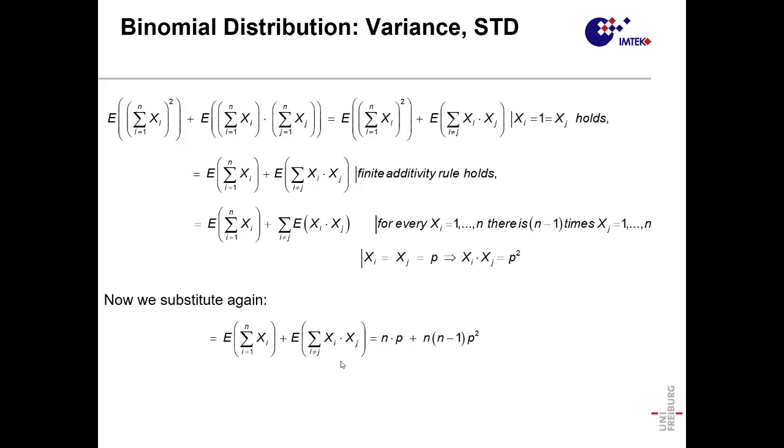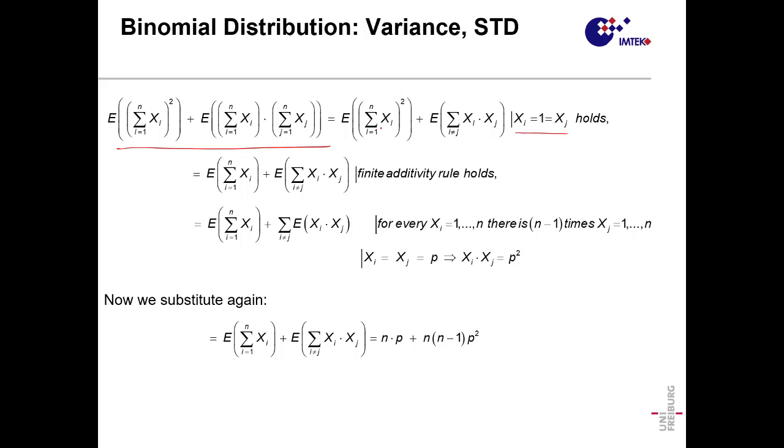For the first one, I repeat here, this is the same as the previous slide, right? For when they are equal, the summation has to give you 1, right? So the only way that they can be equal and hold that is that xi and xj are equal to 1.